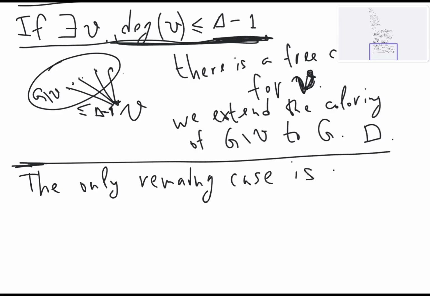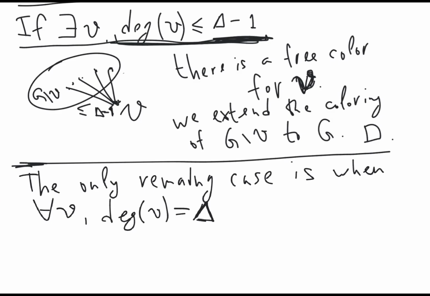is when all vertices in the graph have degree exactly delta. So it's the maximum degree, and it's also the degree of all vertices, and the only degree. So basically G is delta regular.